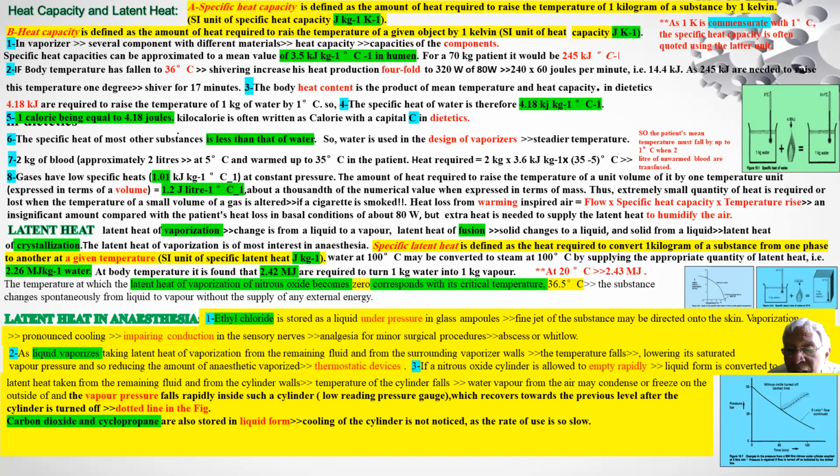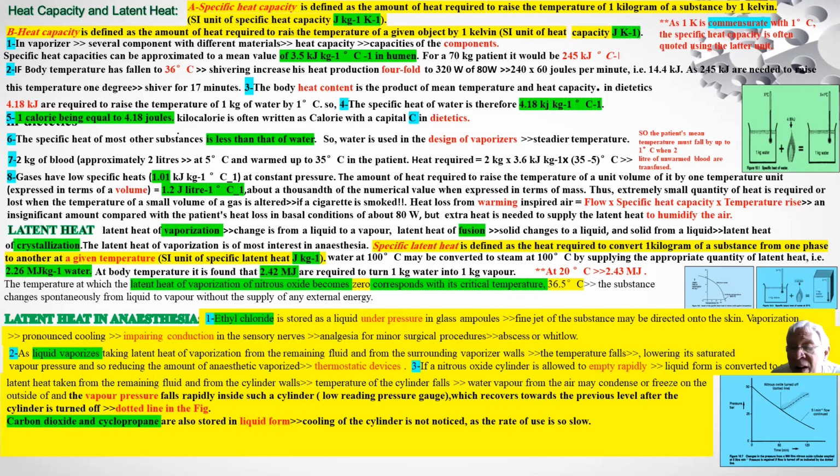Suppose the patient loses temperature and becomes 36, so we can calculate, from the item mentioned before, the amount of heat required to elevate 1 degree, knowing that this process is made by shivering, which will increase the total heat from 80 to 320.